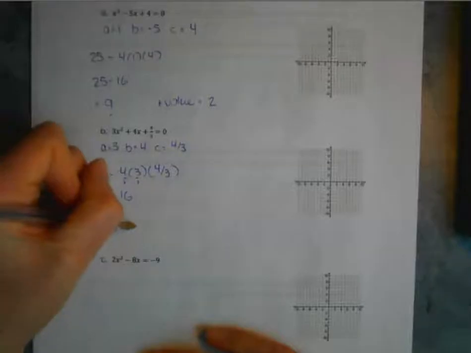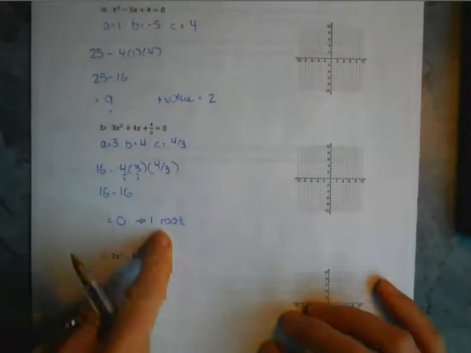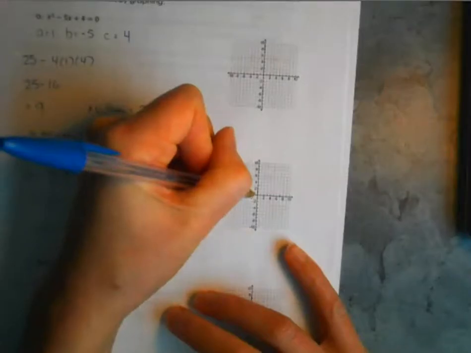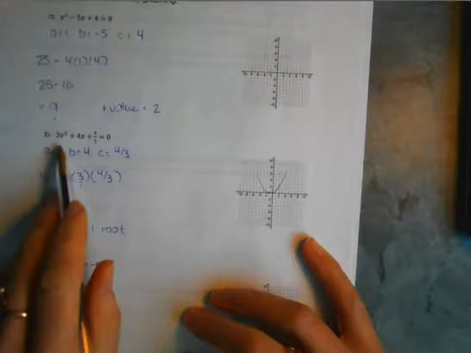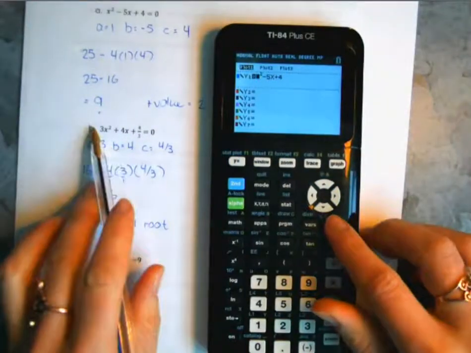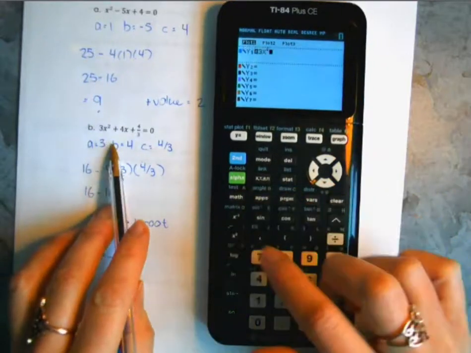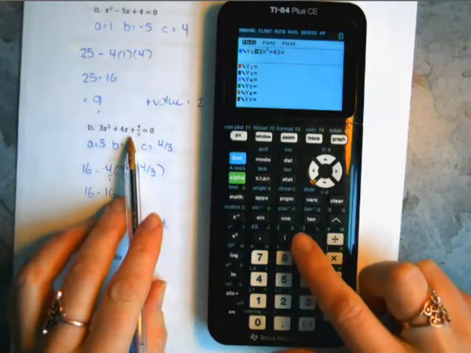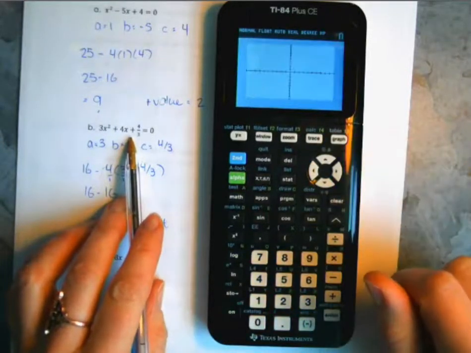Remember that 0 always tells us that there is 1 root. So basically we're going to expect that this graph is just going to touch the x-axis at 1 point, and it's going to be kind of like this if you put it into your graph. Okay, so again, I'll maybe just show you really quickly about entering that into your y equals. So 3x squared plus 4x, and then plus, I would do bracket 4/3, and then you can go to your graph.